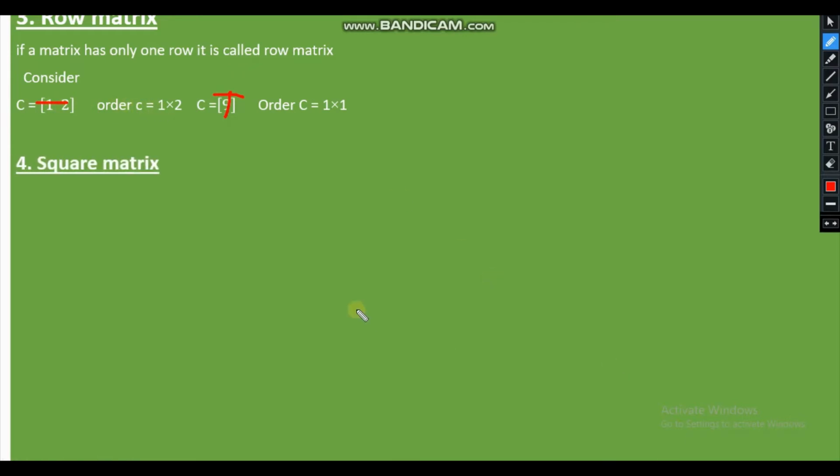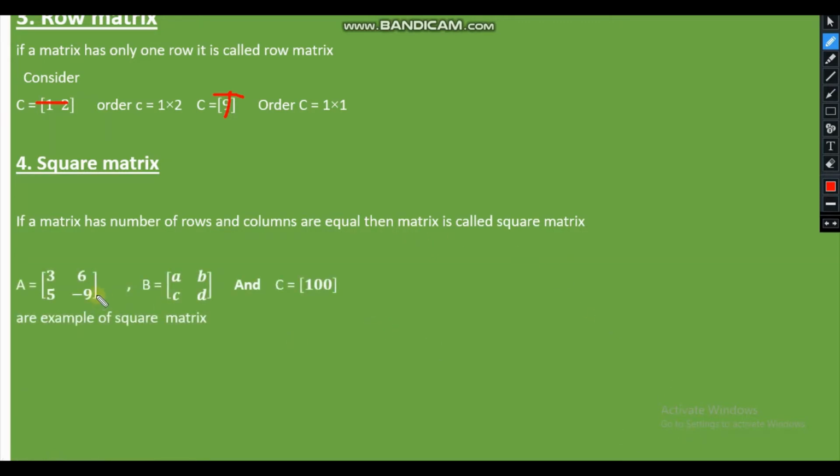Now, square matrices. If the number of rows and columns of a matrix are equal, then the matrix is called a square matrix. Square matrix means here two rows and two columns, and this is the square, where two sides are equal.